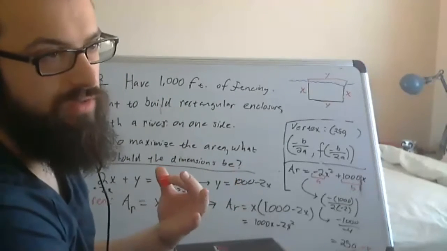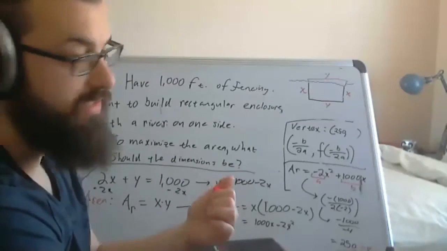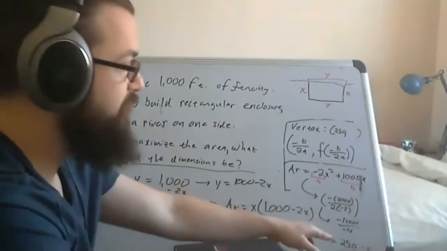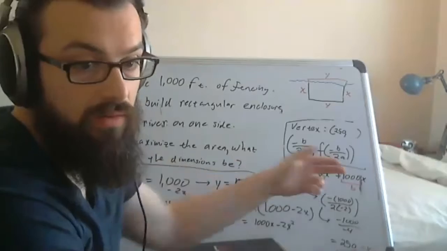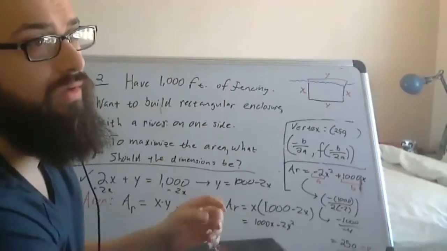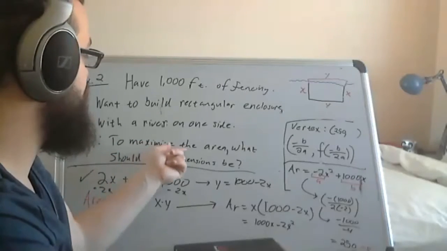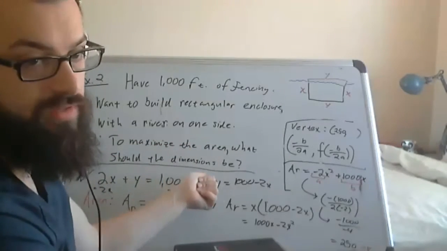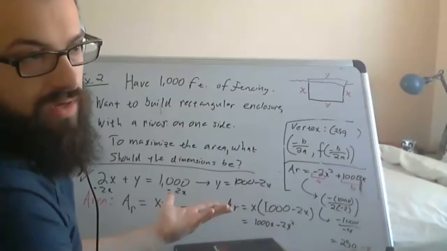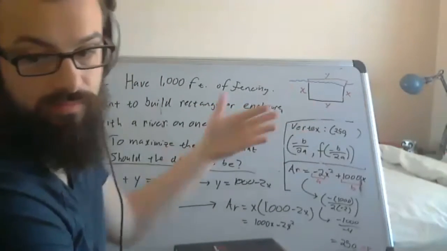We're not necessarily looking for what the maximum area is. If we wanted to, we would plug this 250 in here. But for one, I'd have to square 250 and it would just get a little weird. But we're not asking for the area. We're asking to maximize the area, what should the dimensions be? So we just care about the dimensions. So we have our x, that needs to be 250.